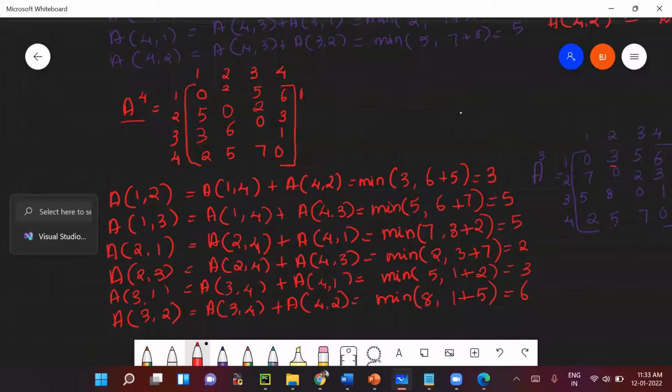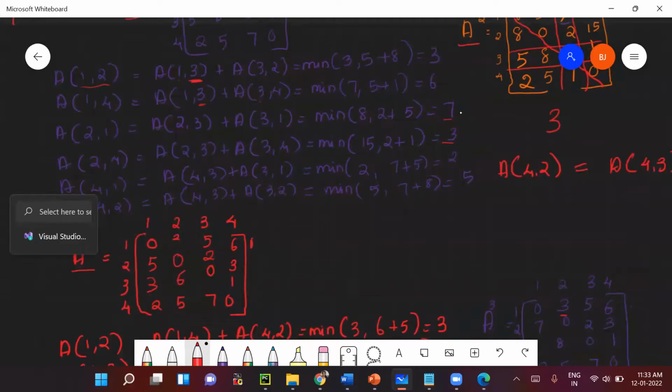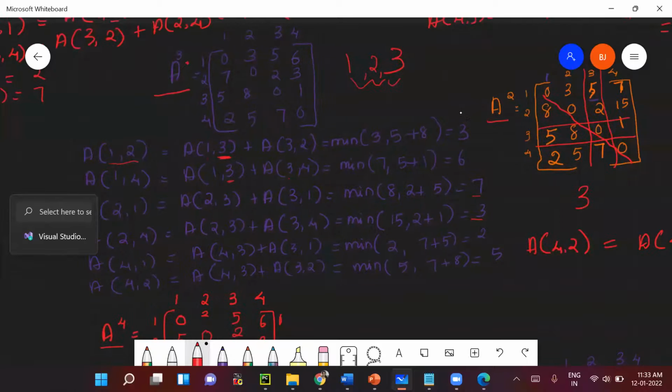Ma'am, in matrix A3, A of 2,4 is 1, ma'am. A of 2,4. No, which you are constructing, A3? No, ma'am, matrix 3. In A3, A of 2,4 is 1, ma'am.